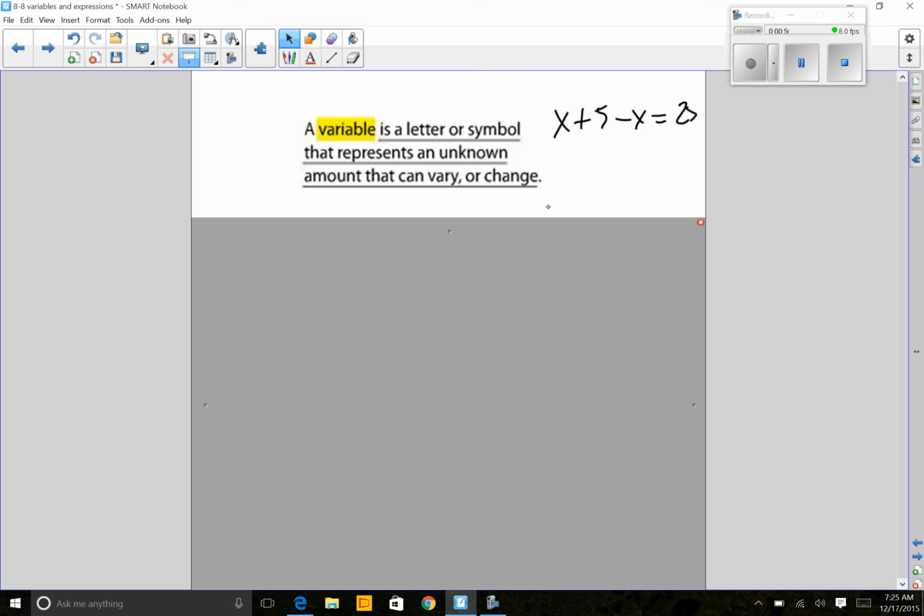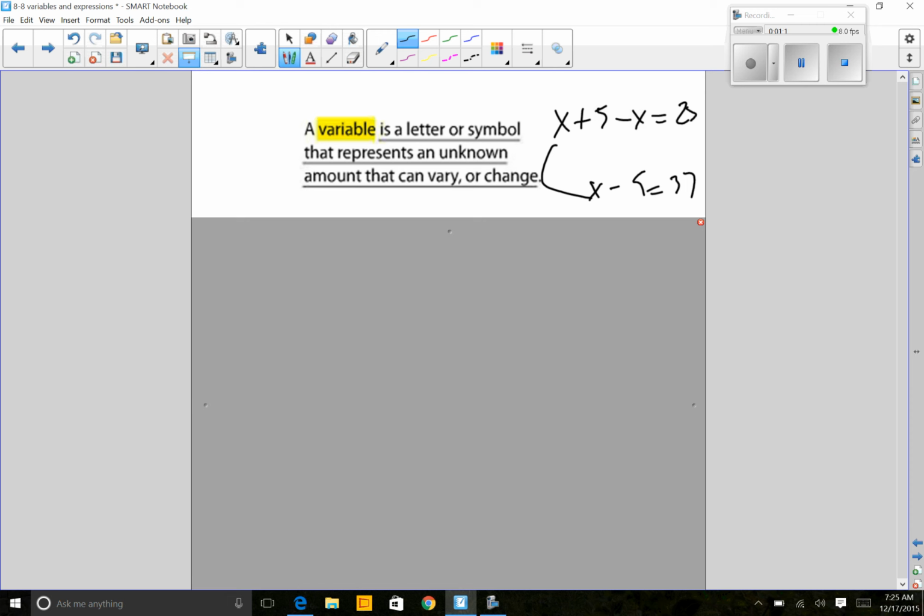But if you had another problem and you had x minus 9 equals 37, that x could be different because it's in a whole other problem, unless they're pairing them up. Sometimes they'll pair up expressions or equations and use them to solve each other. You'll find that out as you get older. Then they would be the same.